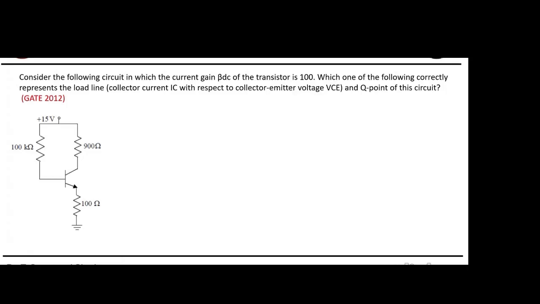Okay, let's start. First of all, please read this question properly. I will give you 1 minute to read this question. This was asked in GATE 2012. If you want, you can have a copy and pen, and if you can solve it, you can proceed. If you don't know how to solve it, please listen. I will explain it.